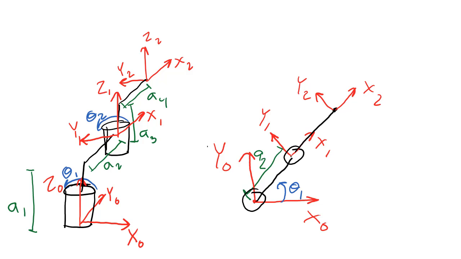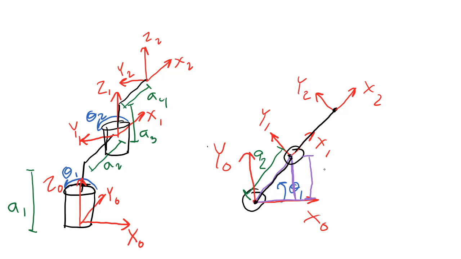Remember that what we're trying to find out here is what is the displacement vector between the center of frame 0 and the center of frame 1. Using this picture, could we write what this displacement vector is in such a way that it would be correct for any value of θ1? We could do that by identifying this triangle right here.